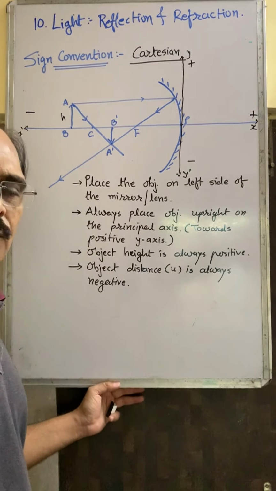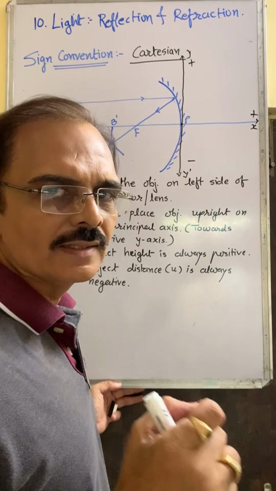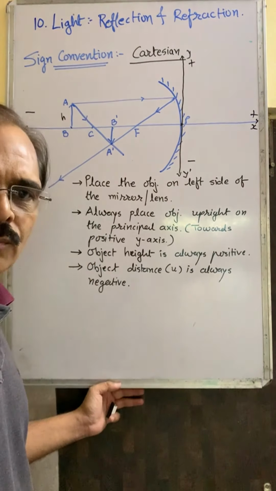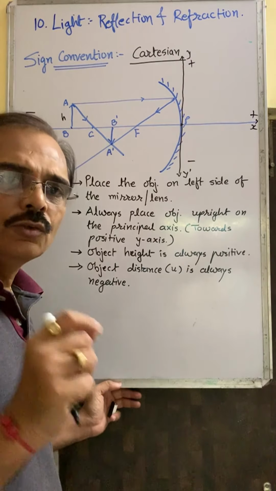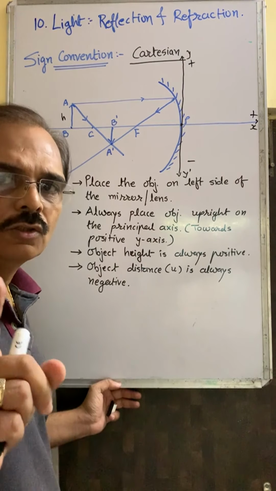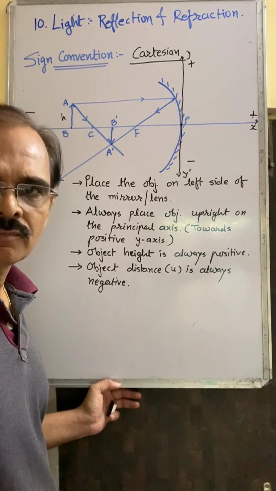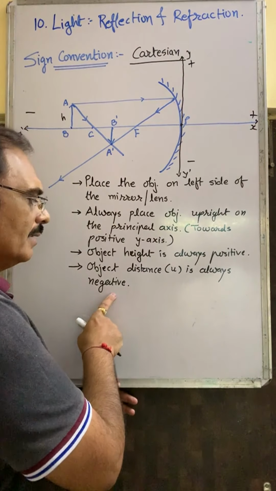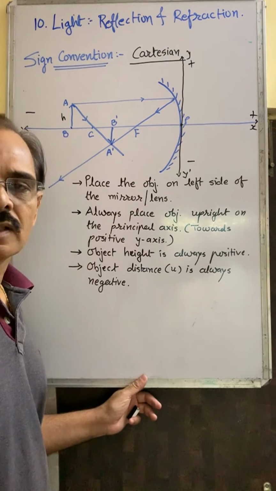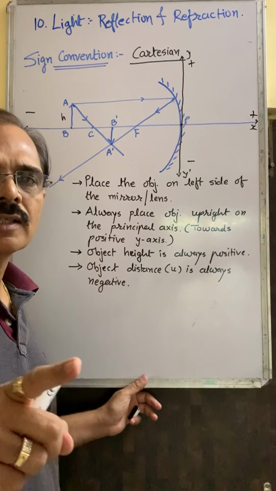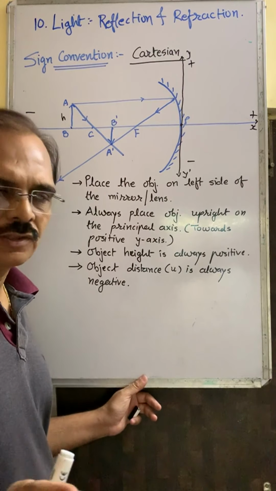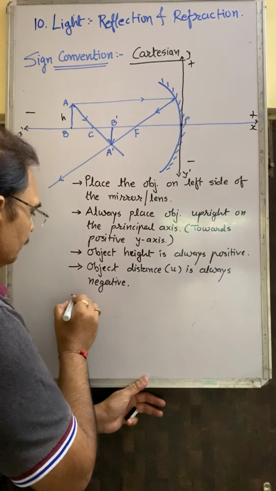Means in a numerical, suppose it is given that the object is placed at 10 centimeter from the concave mirror, you have to take u equal to minus 10, don't take plus 10, because object distance is always negative. Given is plus, but you have to take minus because it is object distance. So please be alert here.